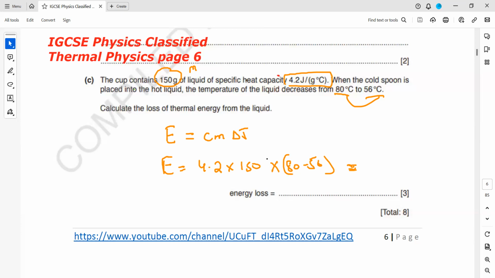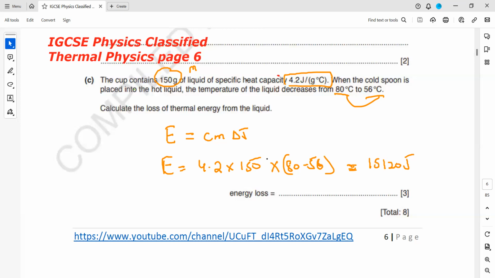It is 15,120, and the unit will be joules.